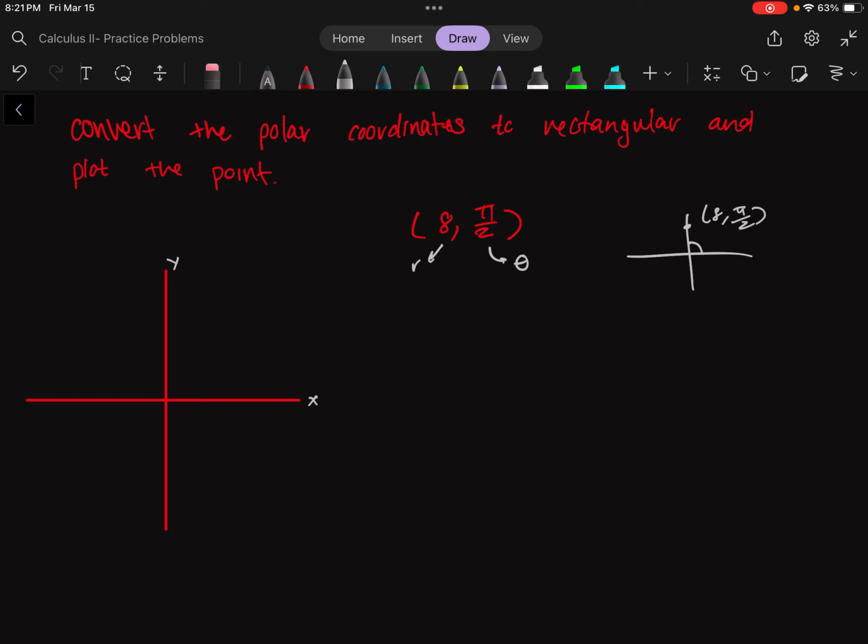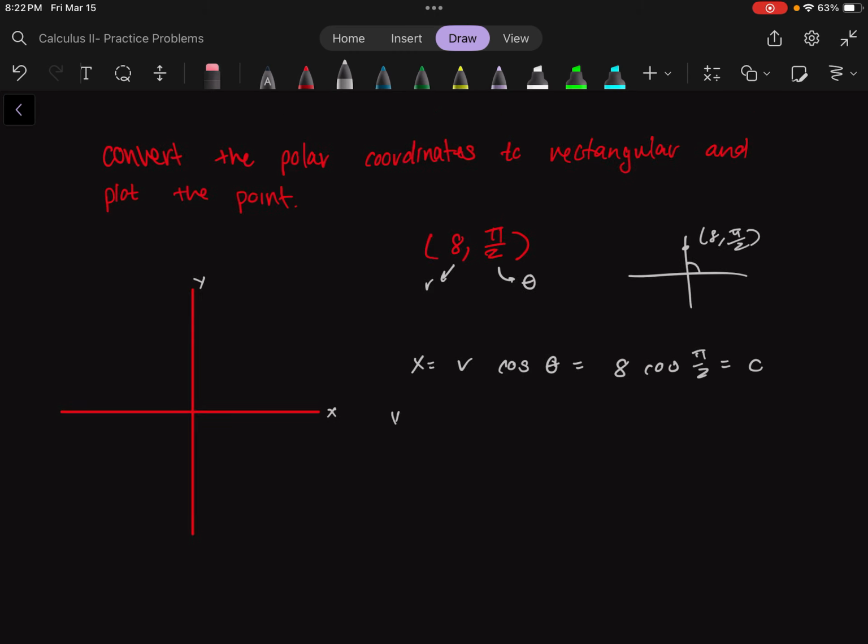But we want to plot it in rectangular, so we know that x equals r cosine theta, 8 cosine pi over 2. Cosine of pi over 2 is 0. Y equals r sine theta, 8 sine of pi over 2, and sine of pi over 2 is 1. 8 times 1 is 8.